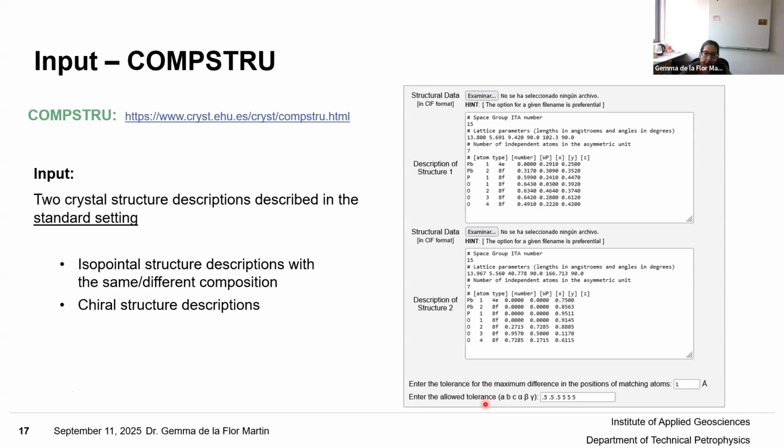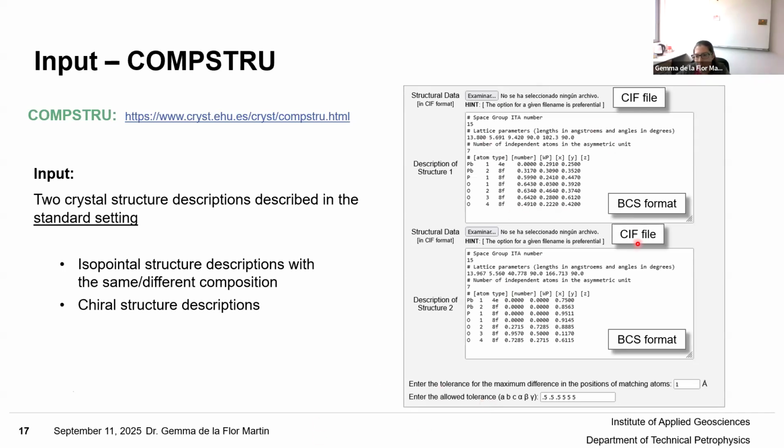You can upload the CIF files of the structure in the program directly, or you can introduce the description of the structure in this text box in what we call the VCF format. The information that you need to provide in this text box is the following, and in this specific order. You need to provide the space group number, the lattice parameters, the number of independent atoms in the asymmetric unit, and then the atom type, number, Wyckoff position, and XYZ coordinates.